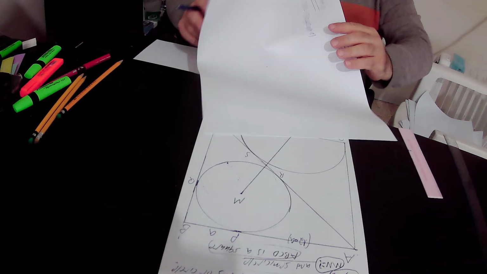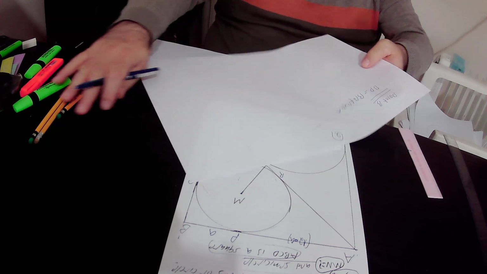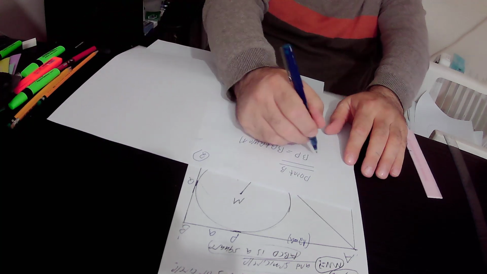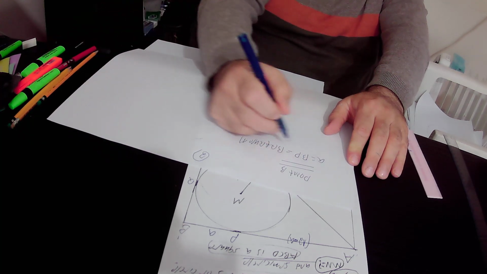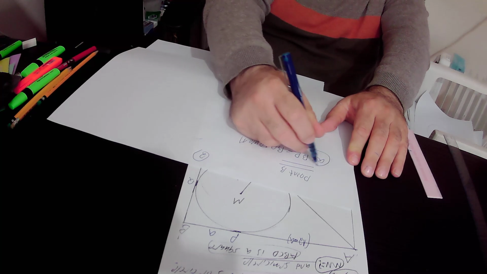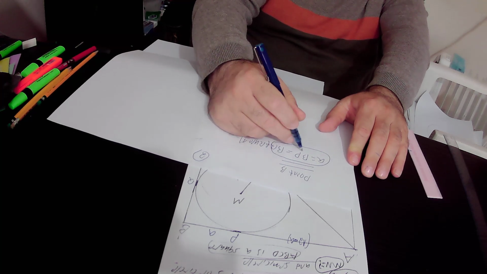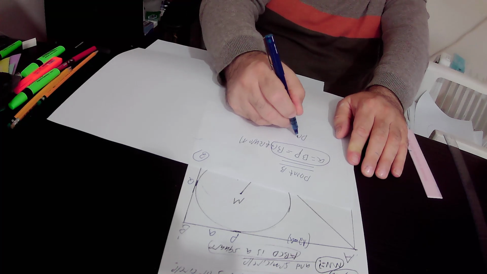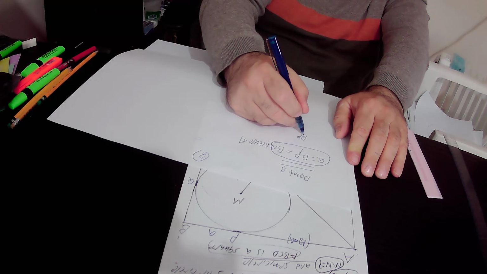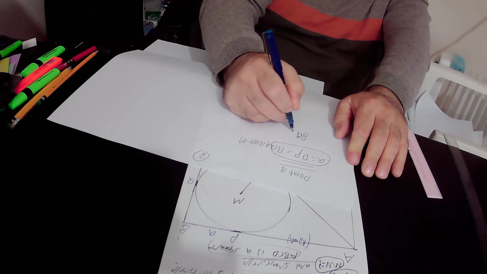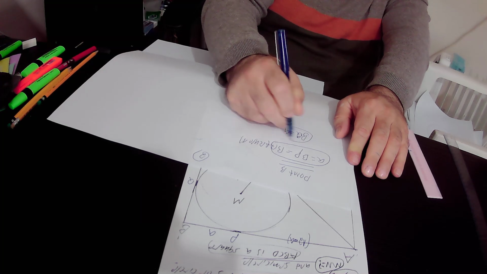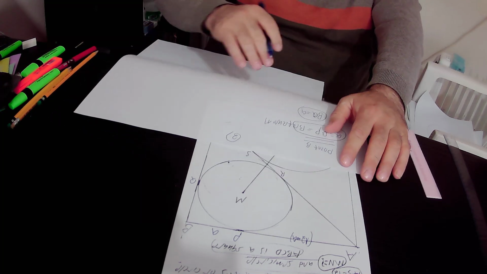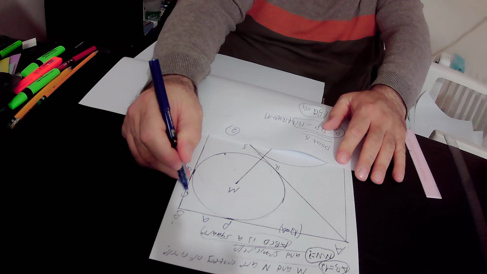But according to our definition, BP equals A. So from this equation, A equals BP equals BQ, we derive that BQ is also equal to A. So we can write here that BQ equals A units.